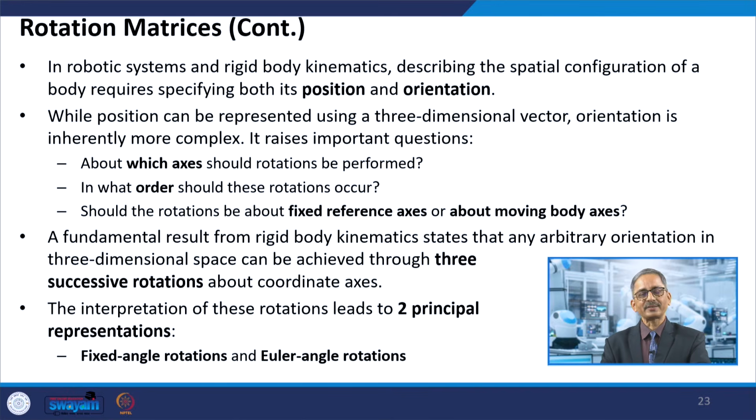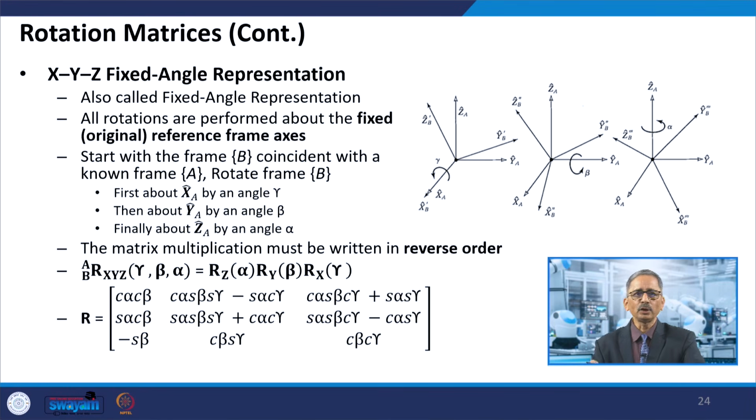In case of fixed angle rotation, all the rotations are performed about fixed axes, whereas in case of Euler-angle rotation, all the rotations are performed about the rotating axes. Those things we are going to see in detail. So, let us look at XYZ fixed angle representation.